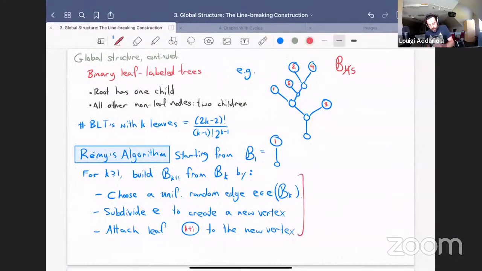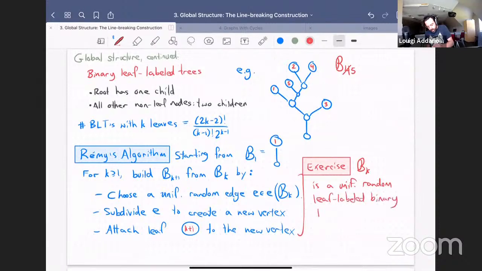So now the exercise here is that b_k is a uniformly random leaf labeled binary tree with k leaves. And that's true for all k at least one. Okay, is that exercise clear?